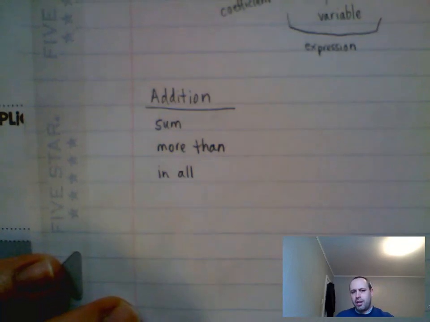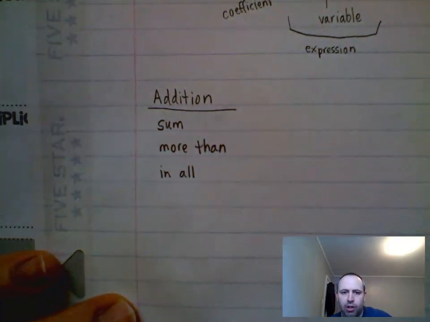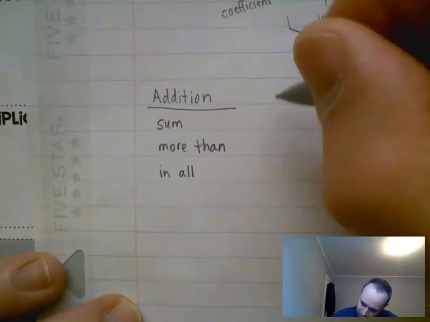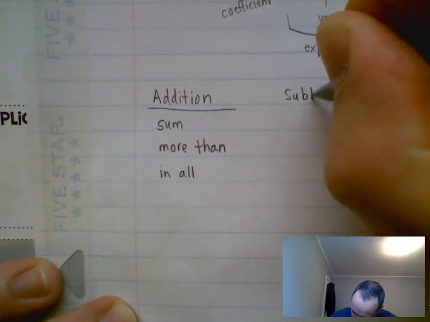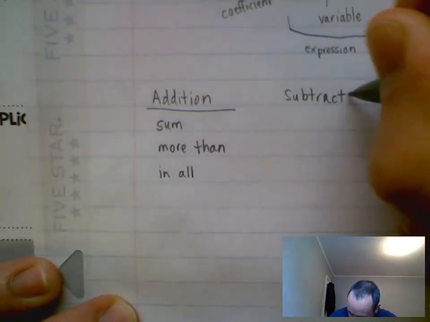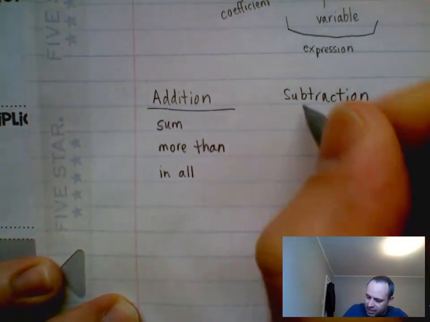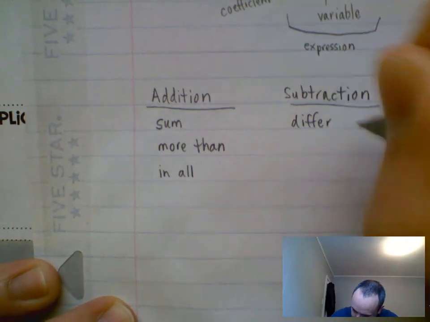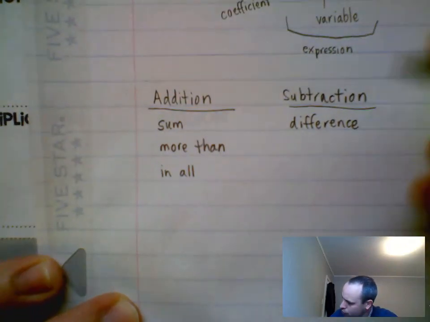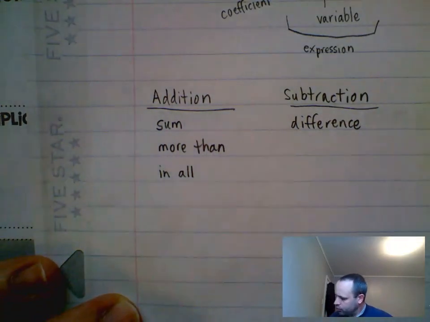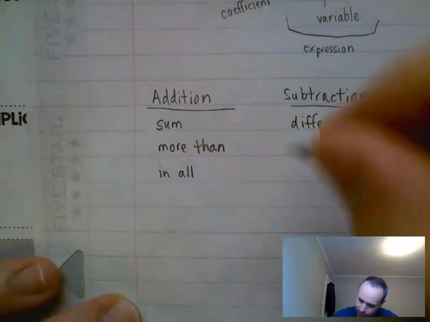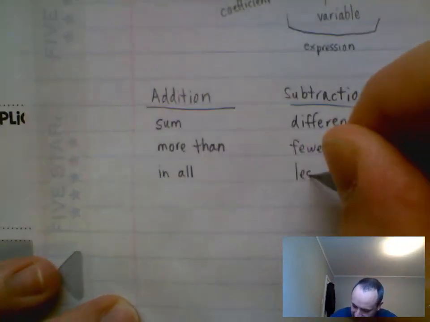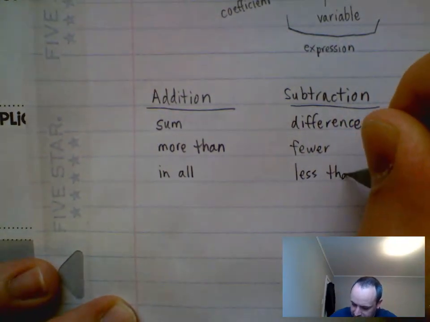There are many different examples, but when we come across those in our lesson, we'll talk about them. Okay, for subtraction, the big one that they like to use is difference. They'll also use words like fewer or less than when they want you to subtract.